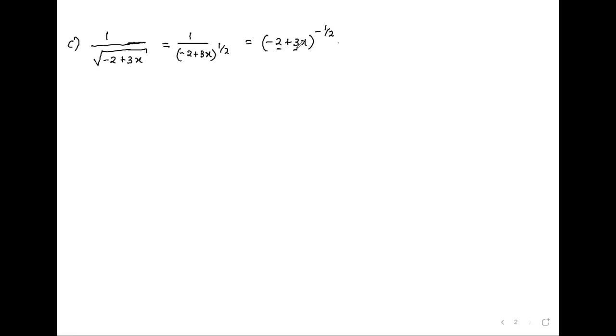So we write this by factoring out the -2, so that we remain with 1 minus 3 over 2x together to the power -half.